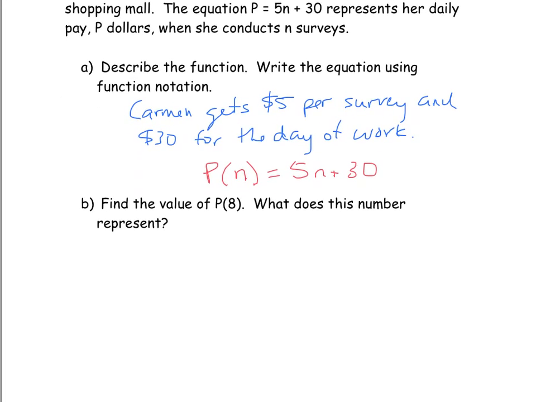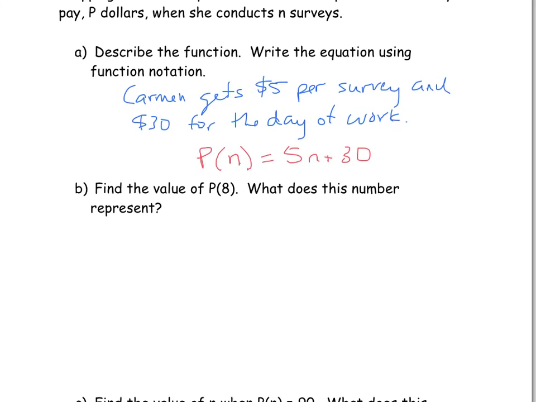Alright, so find the value of p of 8. What does this number represent? Well, let's first talk about what the number represents. The number represents 8 surveys. So we're basically saying 8 here is n. So here n is equal to 8, which is 8 surveys completed.